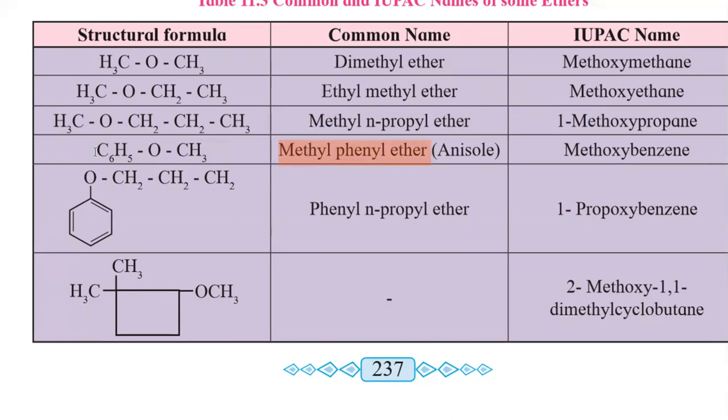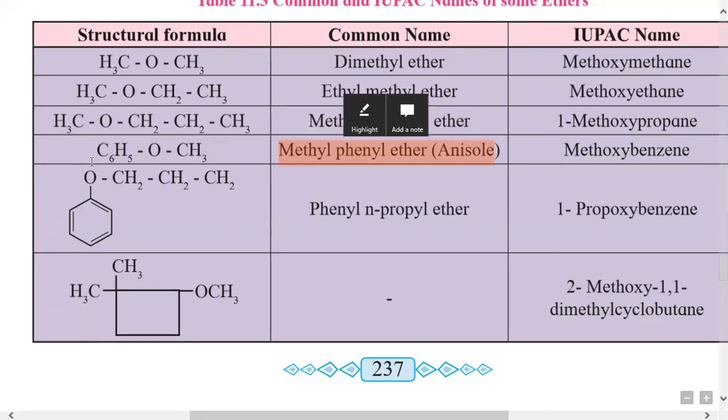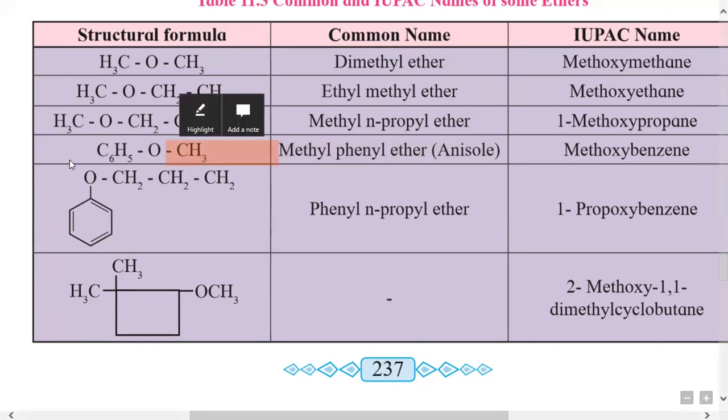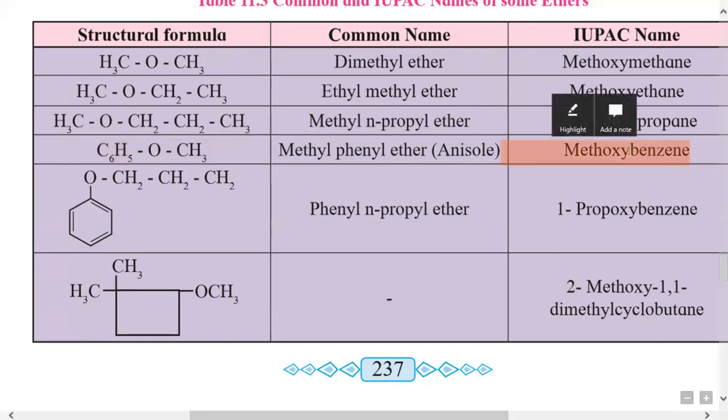For this ether, one more common name is given as anisole. Then here the small alkyl group is methyl with oxygen, named methoxy, and the large alkyl group, that is the hydrocarbon part, is benzene. So methoxybenzene is the IUPAC name.